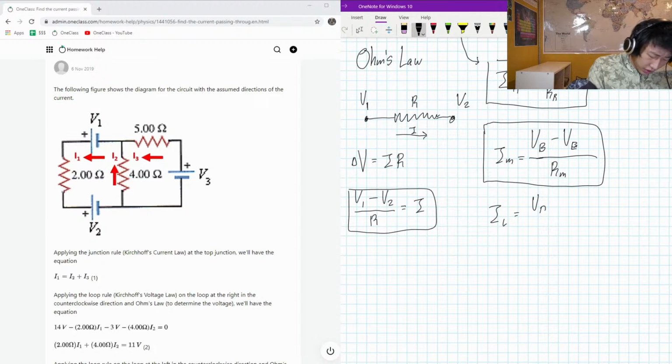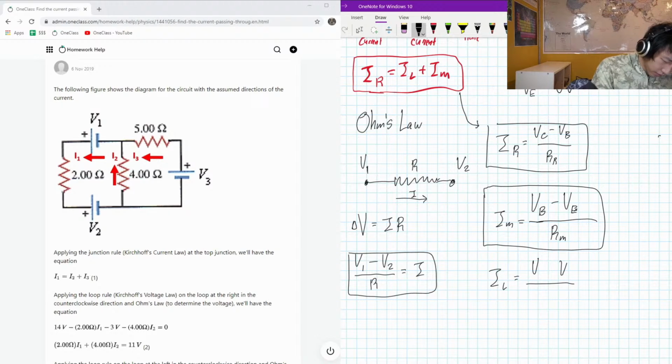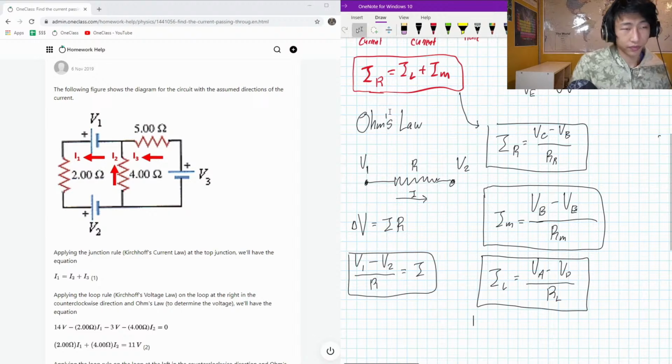Oops, VD minus VA. Whoops, opposite direction, that would be problematic. VA minus VD divided by RL is IL. Okay, so that's the current that we have, IL.